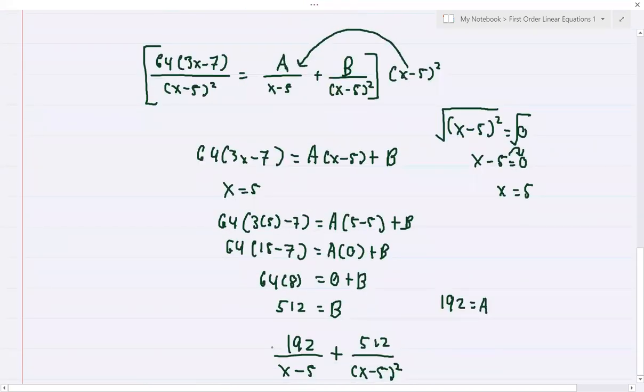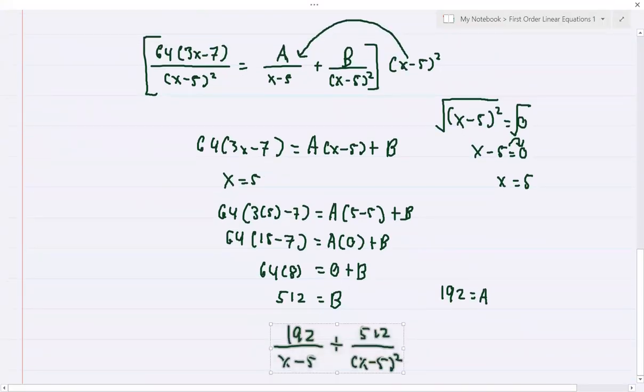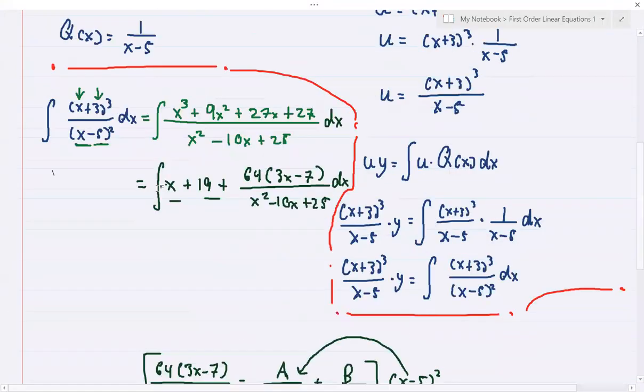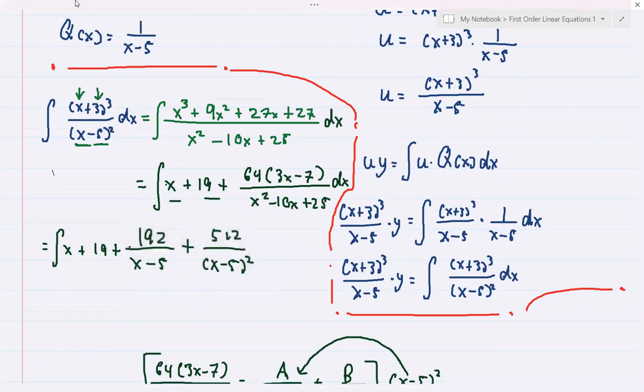Okay, so we will have, let me copy this one. So we will have the integral of x plus 19 plus this one. There you go. And that's it.